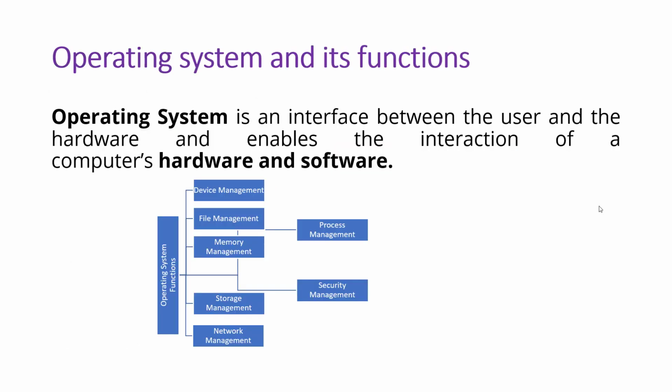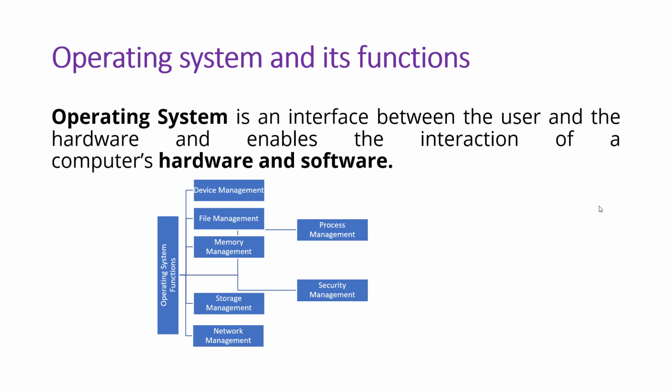And an operating system is an interface between the user and the hardware and enables the interaction of the computer, hardware, and software for the user. So the operating system, on the other hand, is also a system software which may take commands from the user through application software and perform several tasks. So operating system functions are also placed in front of you.